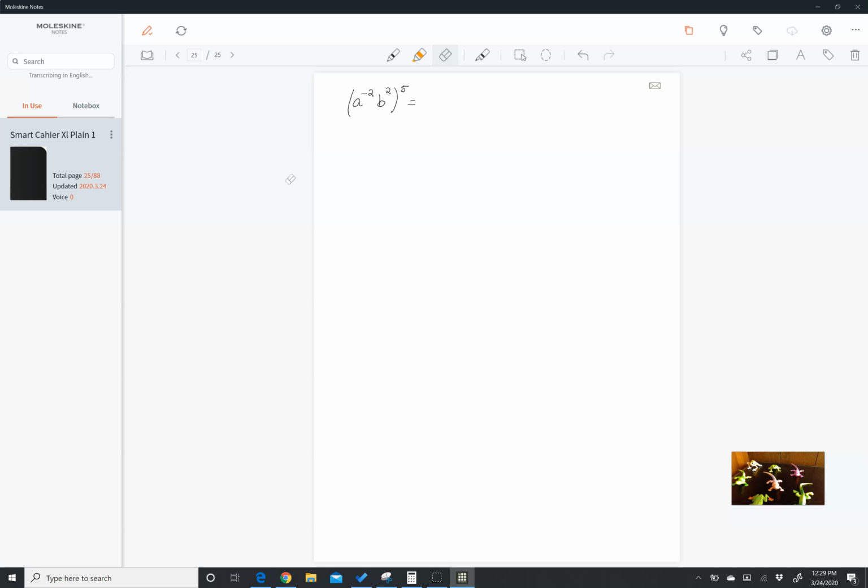So if we do this, we know that we're multiplying inside of here. And when we multiply, we're allowed to distribute our exponent. So that's what we're going to do. We're going to distribute this exponent. So this becomes a to the negative 10, b to the positive 10.